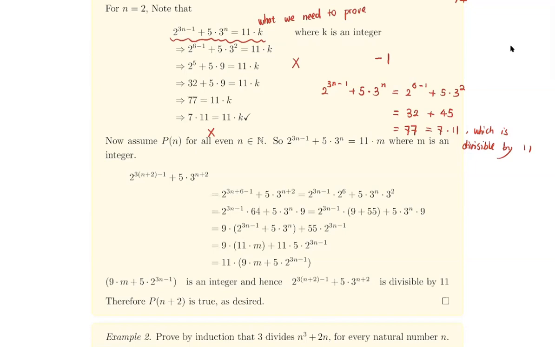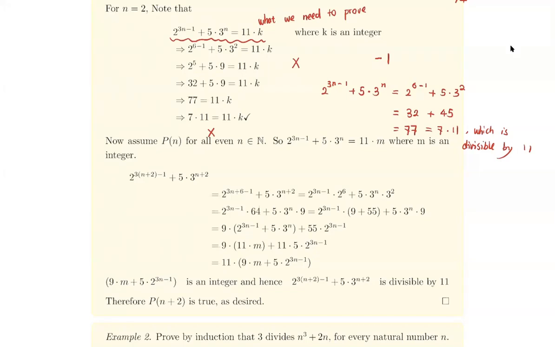Why is for all wrong? Yes, exactly. That's what you are trying to prove. For all is a conclusion. Okay? So if you assumed for all even n in natural number is true, then what's left for you to prove? That's what we need to prove.